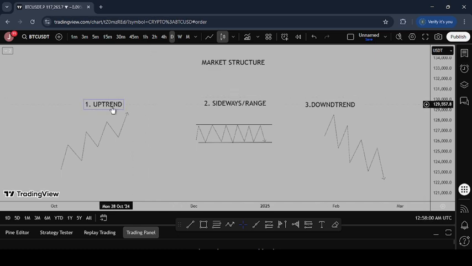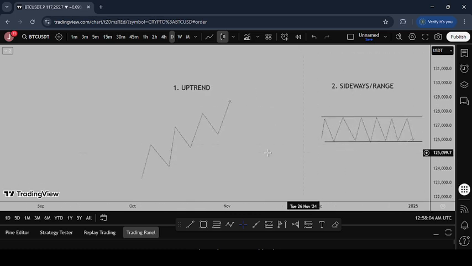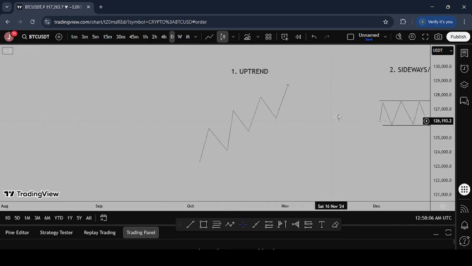We know this move right here is a typical textbook version of how the market moves, but it's not always seen like this, and that's what I was trying to explain in the previous video.